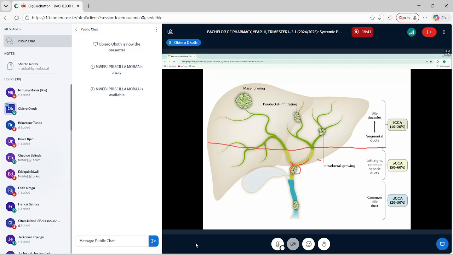So when you have a tumor here, it's normally what we call Klatskin tumors. Or you can have a perihilar cholangiocarcinoma, or you can have a distal cholangiocarcinoma, like in the common biliary tract. Resecting this one tends to be very difficult.